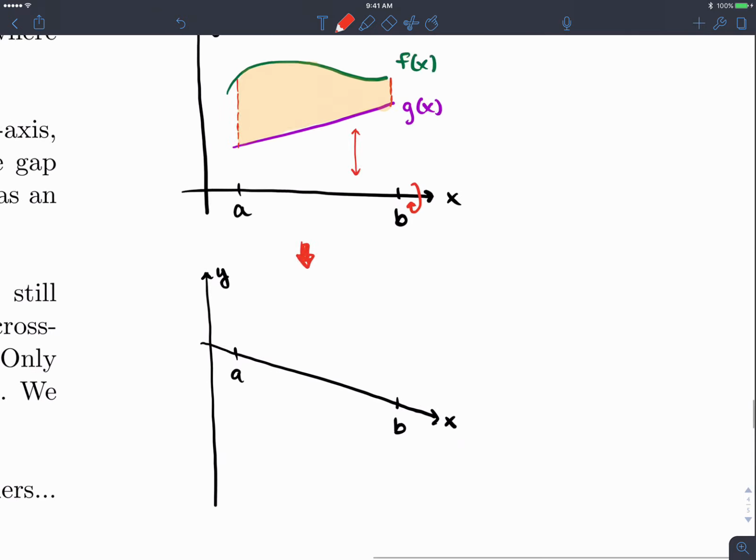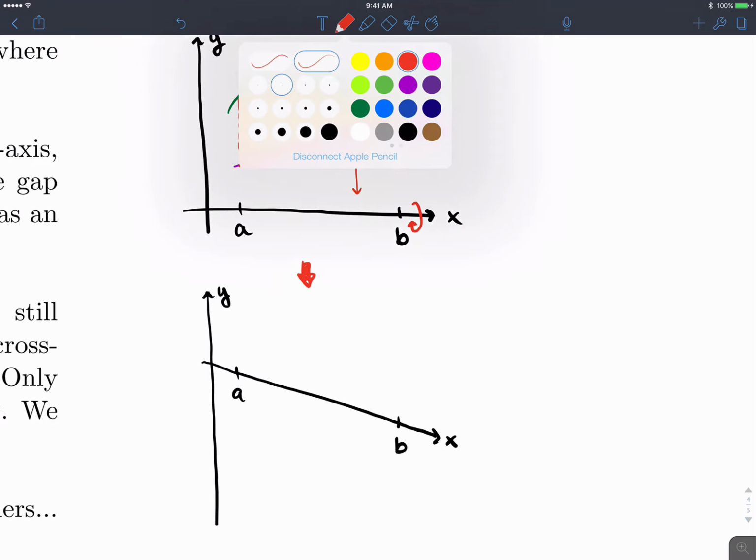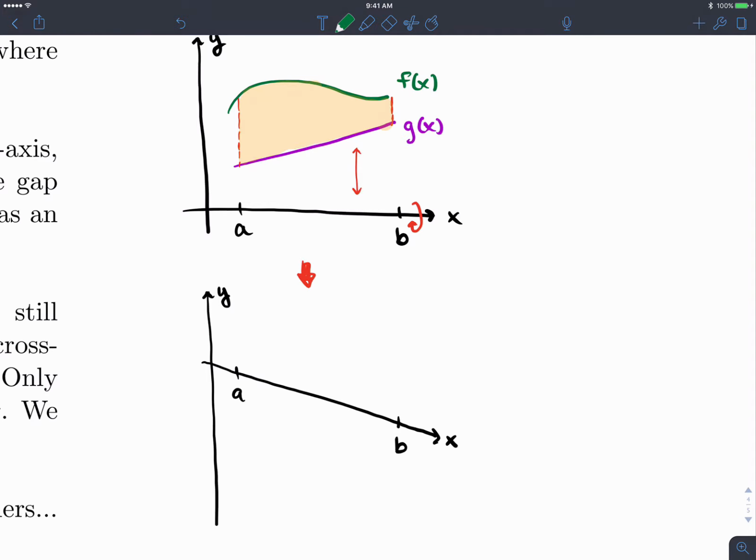So let's see if we could think about what this looks like. We've got our top curve f of x, which, as we try to three-dimensionalize it, is going to come up and down like that.